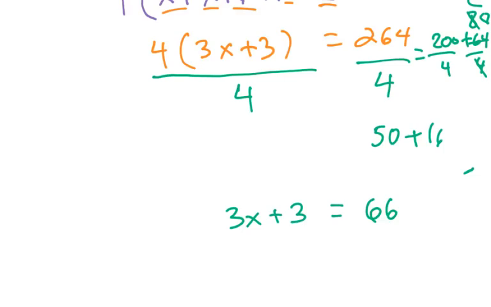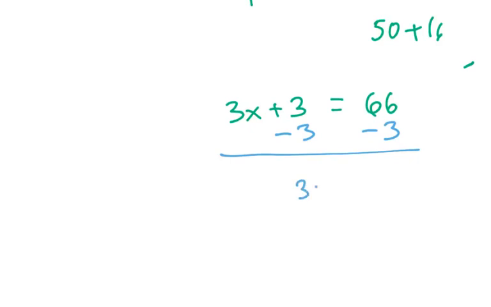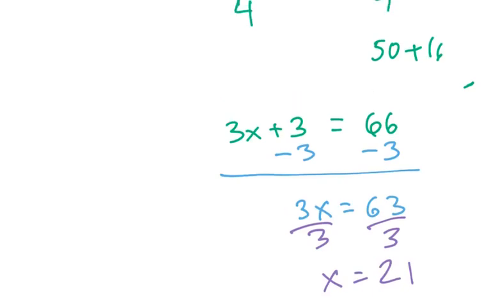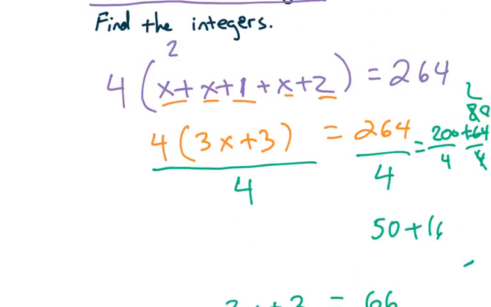I could divide through by 3 again if I wanted to. I'm going to subtract 3. I think that it's probably going to be clear if I do it this way. And finish it off. Divide by 3. So x is 21. And let's see if that makes sense. If I take 21 plus 22 plus 23, add those together and multiply by 4, let's see what we get.